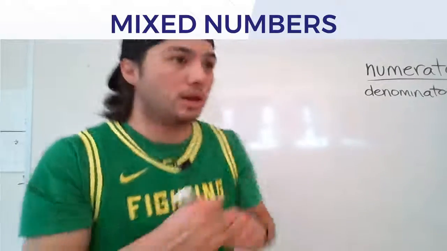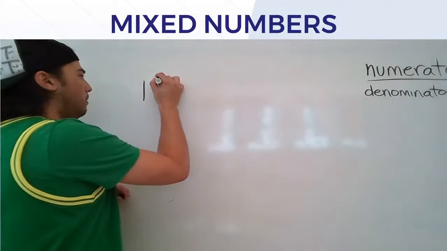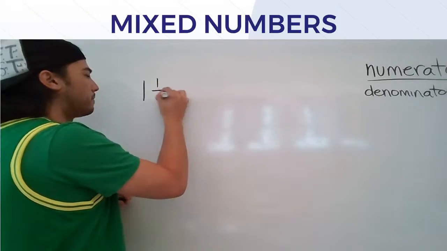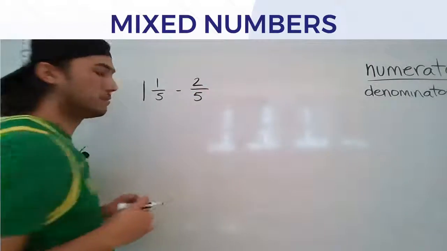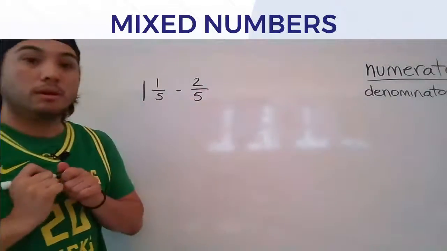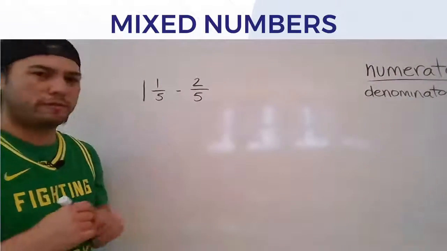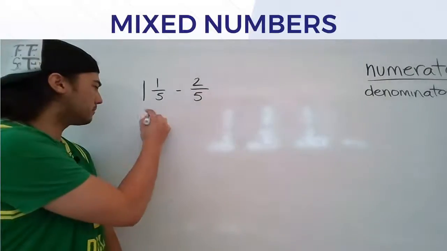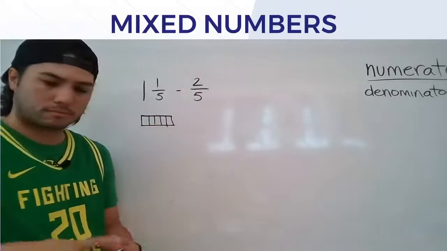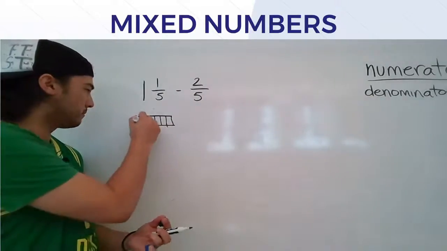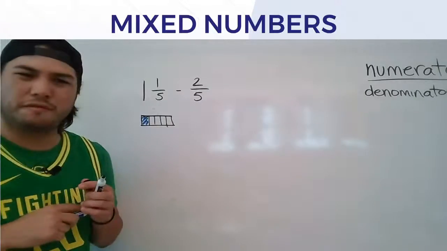All right, so if we have something like 1 and 1/5 minus 2/5. Let's try that. I picked that one because we're going to have to decompose for it. So if I have 1/5, I can't take 2/5 away from that, right?